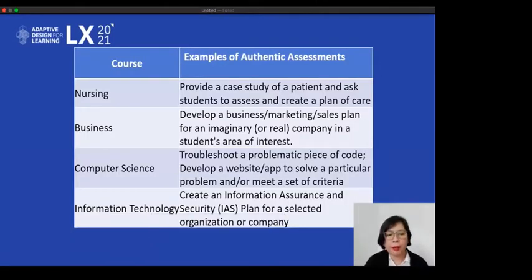Here are some examples of authentic assessments. I will not discuss them anymore because I'm sure you can read. I'll just focus on what I'm teaching. So I teach IT.